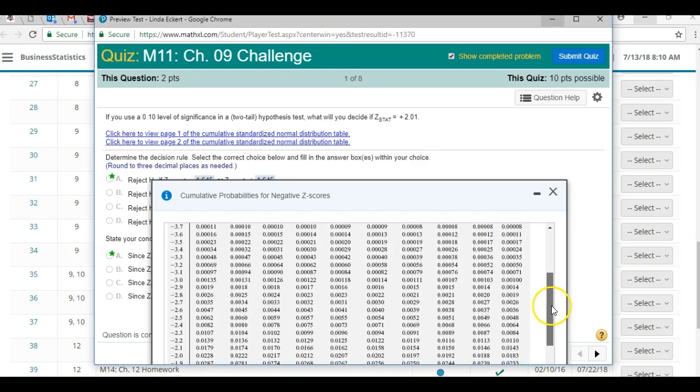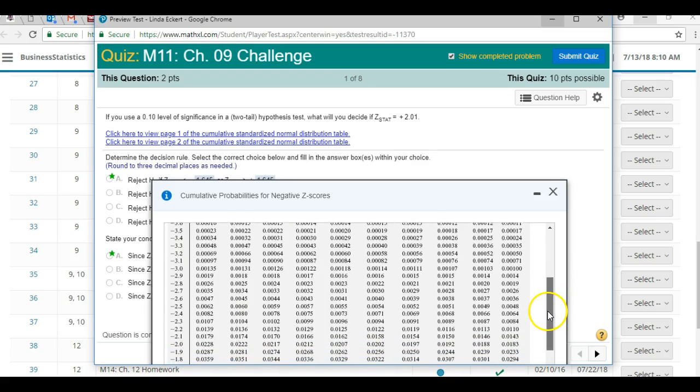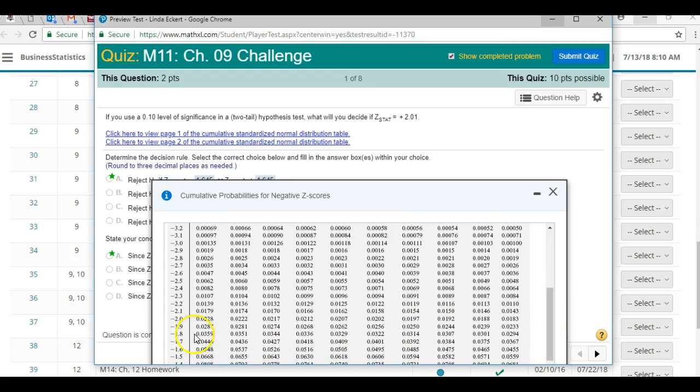So what are we looking at here? That's between 0.04 and 0.05, and it's on this line right here. So it's 1.6, and I would just divide this in half and make it 1.645.